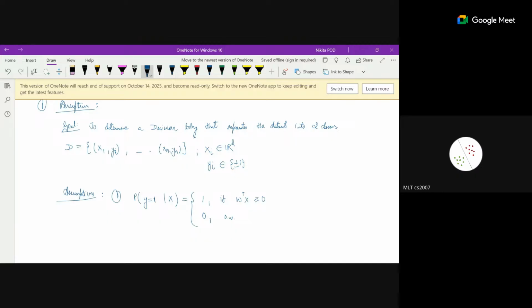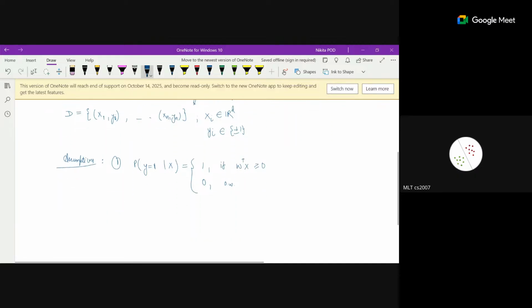This is the simplest assumption that we make for our perceptron algorithm. And what is the second assumption? Another assumption that we make is that the data is linearly separable. So linear separability, right?